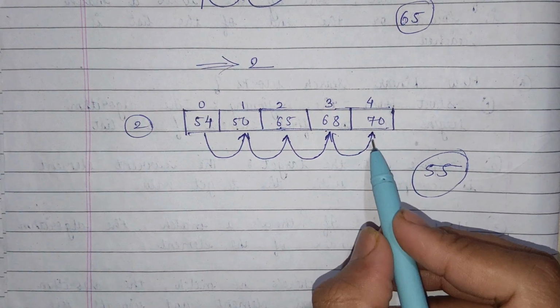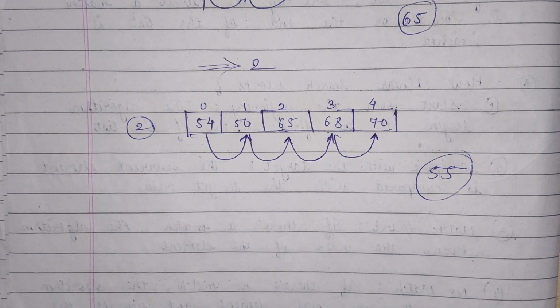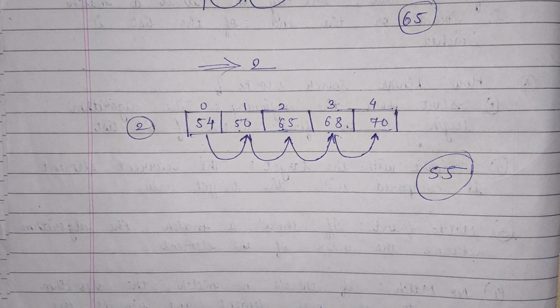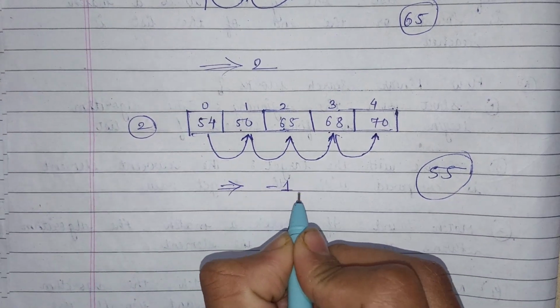Okay, and compare with the targeted element. Is 70 equal to 55? No. And we have traversed the whole elements from the array, and we do not get any match with the targeted element. So in that case it will return -1.